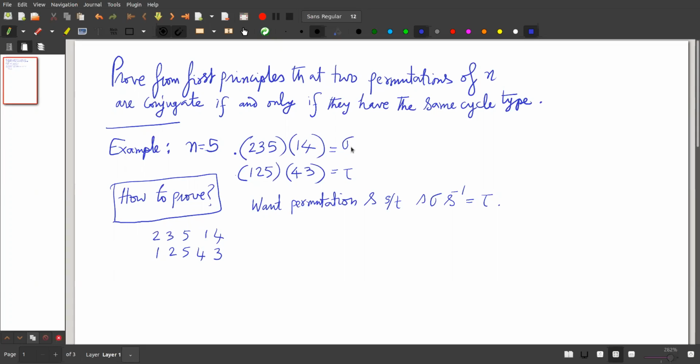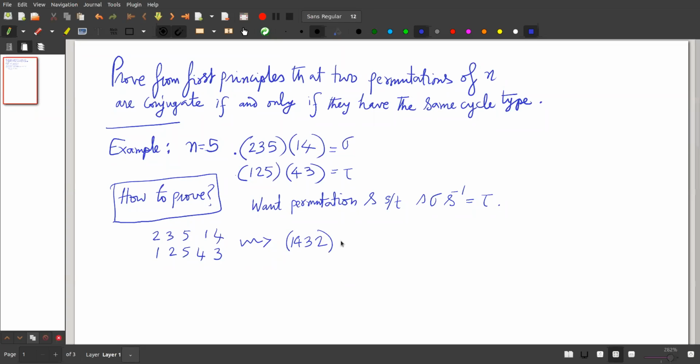So here is one way of representing a permutation, by a cycle type. Can we write this in cycle notation? 1 goes to 4, 4 goes to 3, 3 goes to 2, 2 goes to 1. That's all.